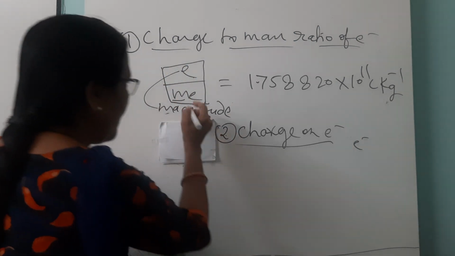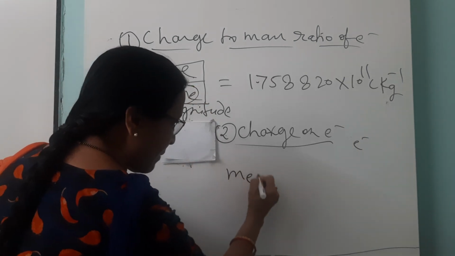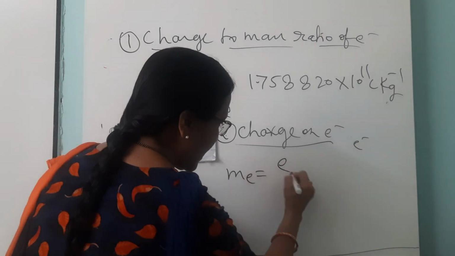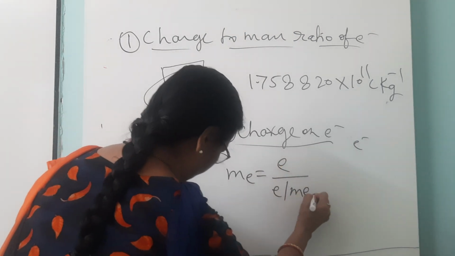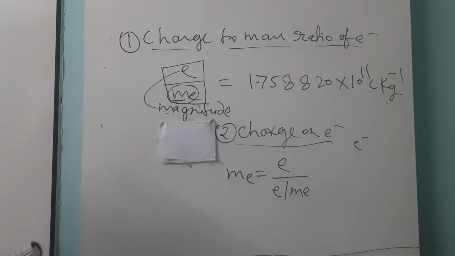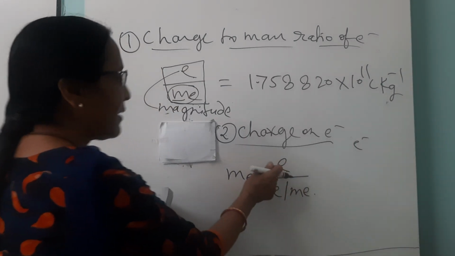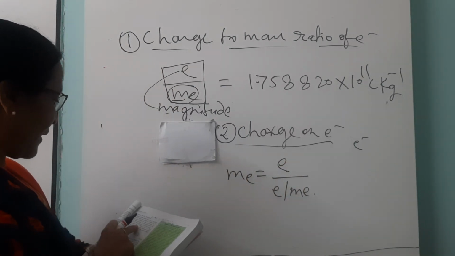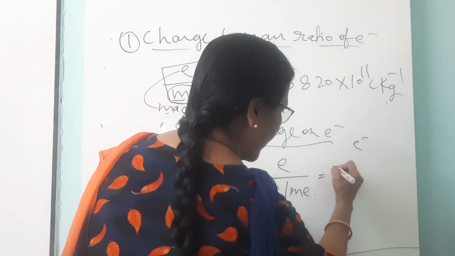So now we want m_e, that is the mass of the electron. m_e is equal to e divided by e upon m_e. Here this e is the value of the electric charge.